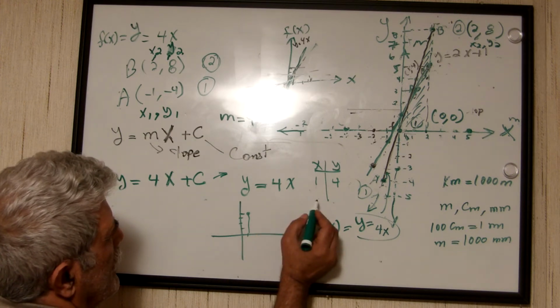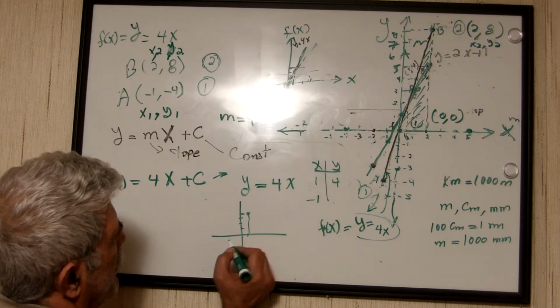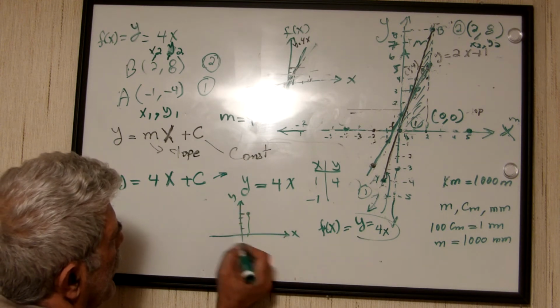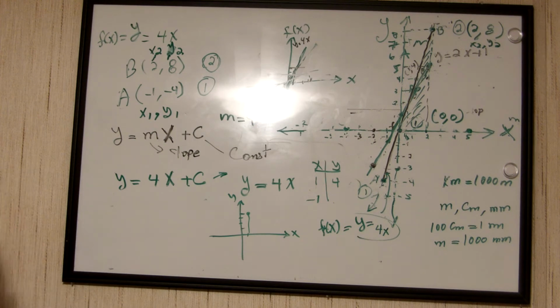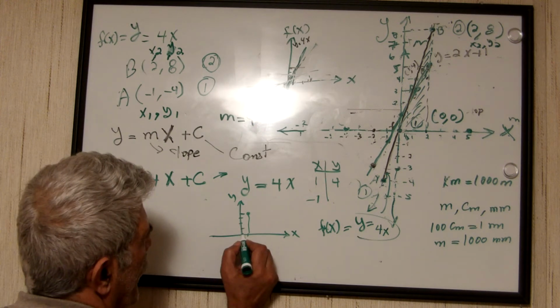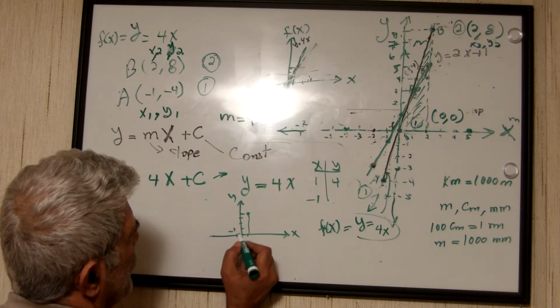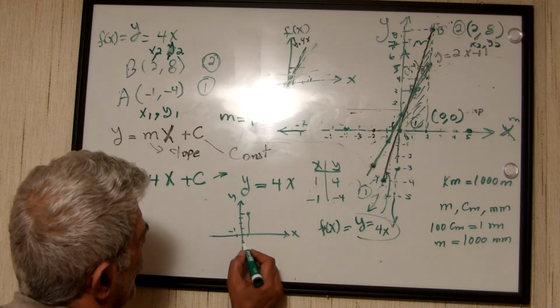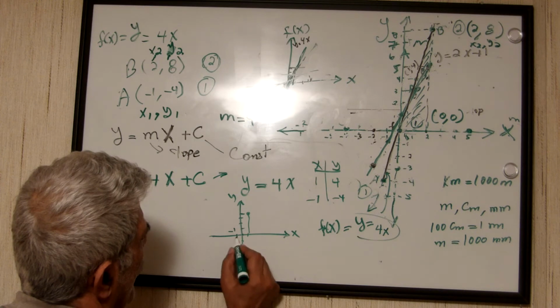The other point, we use minus 1. We want to see what is happening on the minus part of it. If we give x minus 1, it's going to be minus 4. So 1, 2, 3, 4, it's going to be this.